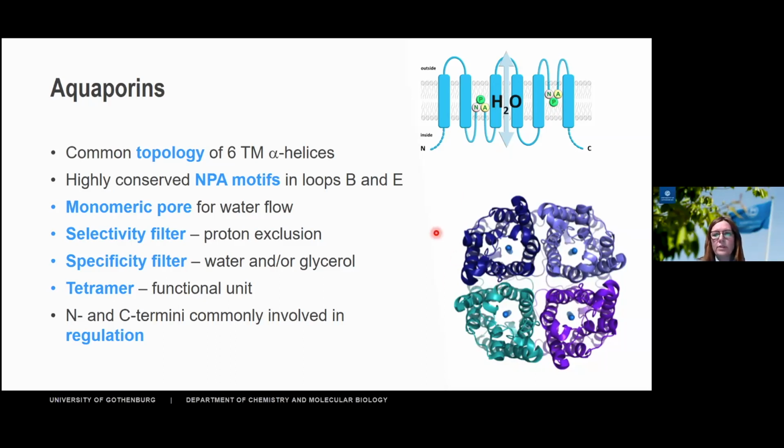Worth noting also is that we have a cytosolic N terminus and C terminus, and these are highly interesting entities of the protein since they commonly provide binding sites for regulatory proteins, and this is very much the focus of the aquaporin studies now.